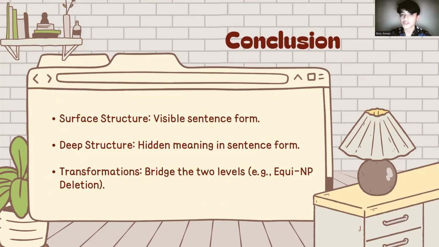So transformation bridges the two levels. The syntax system between the surface structure and deep structure connects through transformation, like a bridge between the two levels. This is what makes our sentences grammatically correct and full of meaning.